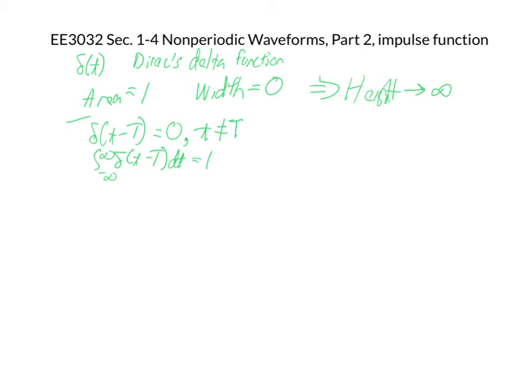If we put these two properties together, we see that area has to be concentrated at capital T, because everywhere that's not at capital T, the value of the function is 0.